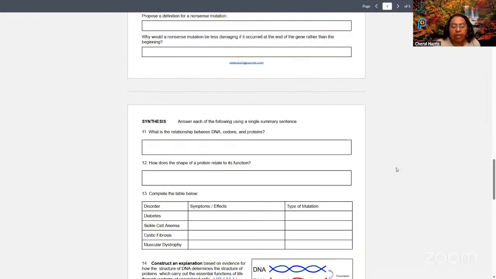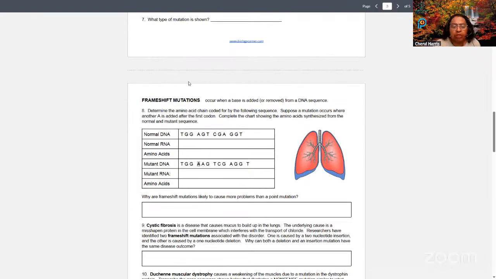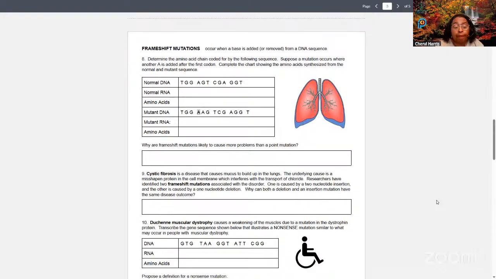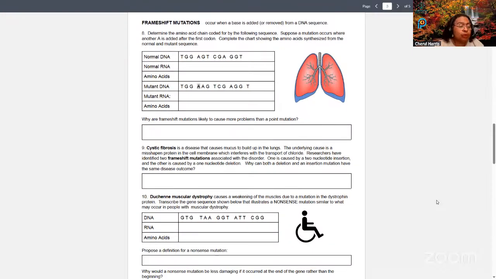The problem comes because we read it in sets of 3. If you change the arrangement of the sets of 3, it's still going to read what's there, but it's going to read for something that's not supposed to be there. Good question.